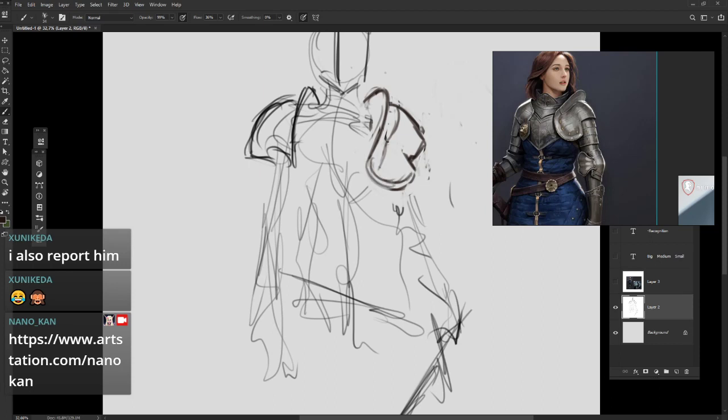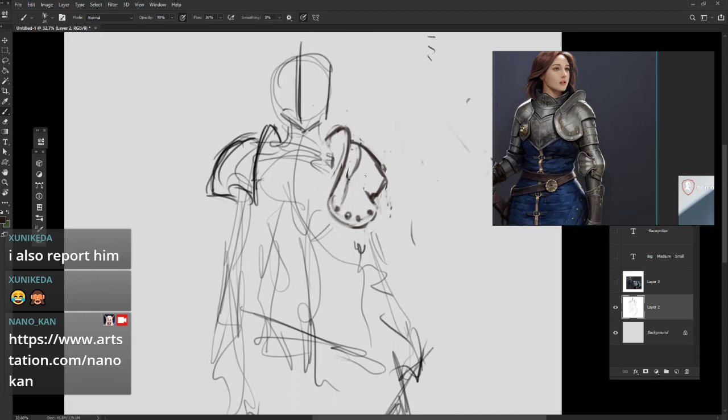We also paint in big, medium, small, by the way. It's always like that, with the intention of building it up. We need to always build it up. Don't forget that part.